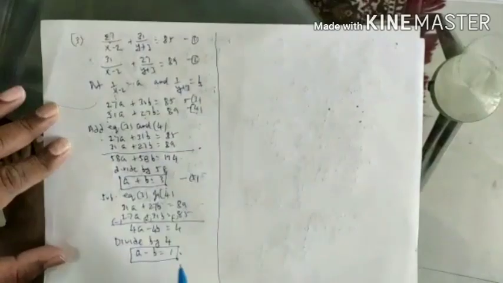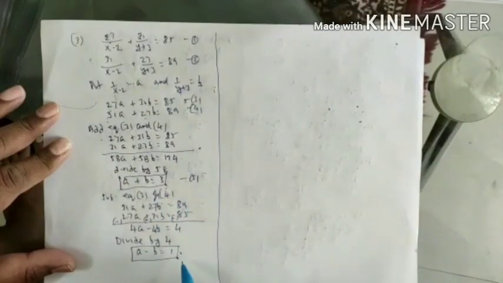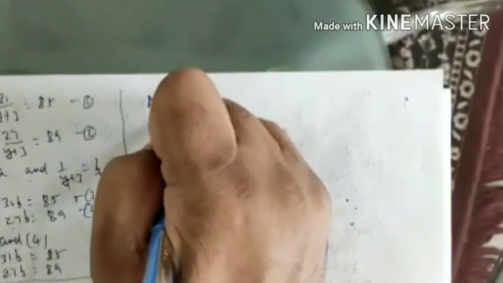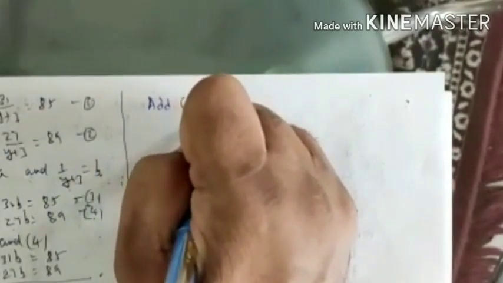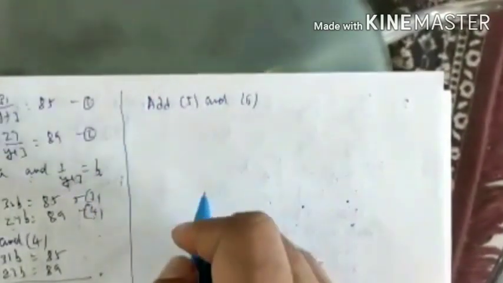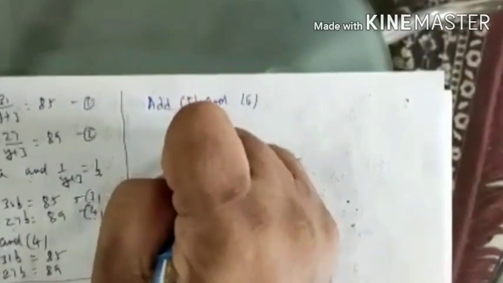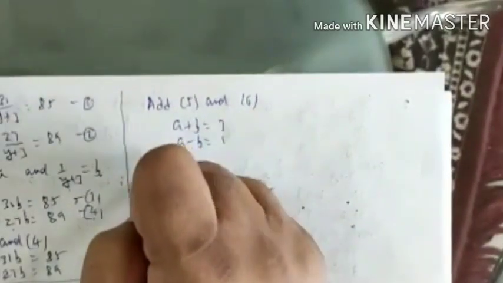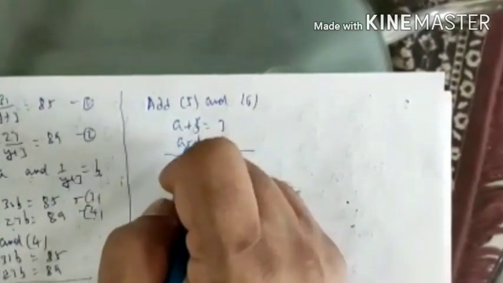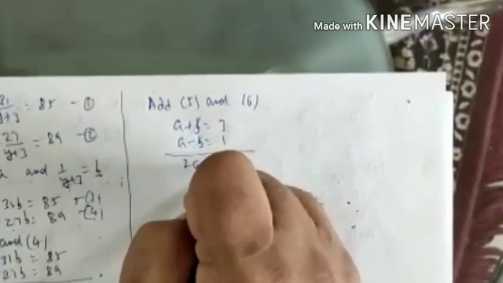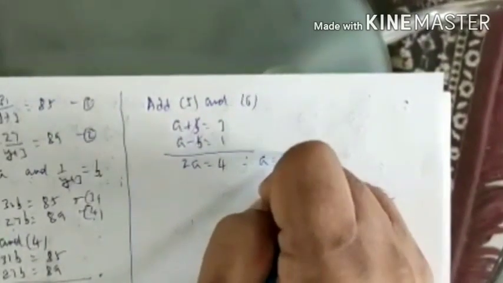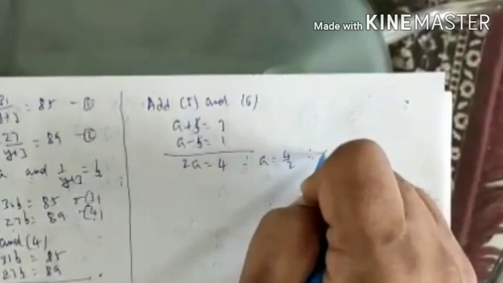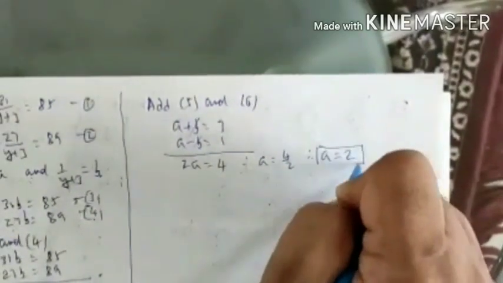Now we shall solve these two equations, add equation 5 and equation 6. So, a plus b equal to 3, a minus b is equal to 1. If we add them, plus b minus b cancel, we get 2a is equal to 4. Therefore, a is equal to 4 upon 2, and we got the value of a as 2.